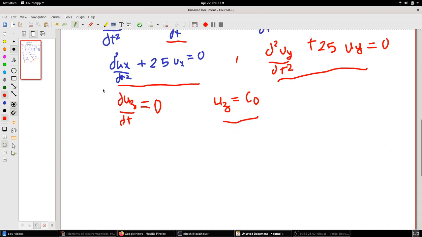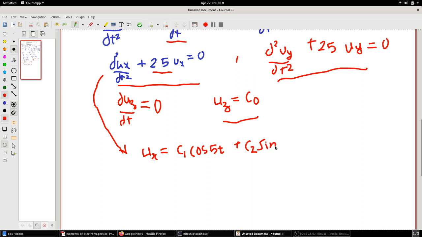It turns out that the solution of this second order differential equation, where this is phi square, I can write as d square ux by dt square plus phi square into ux equal to 0. So ux is equal to some constant c1 cos of phi t plus c2 into sine of phi t.